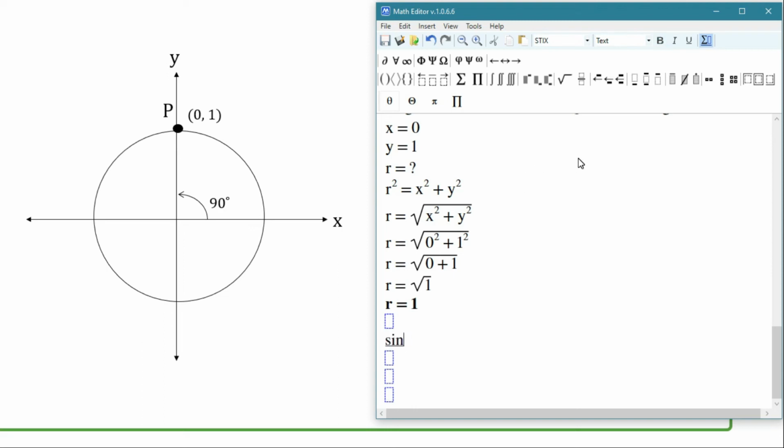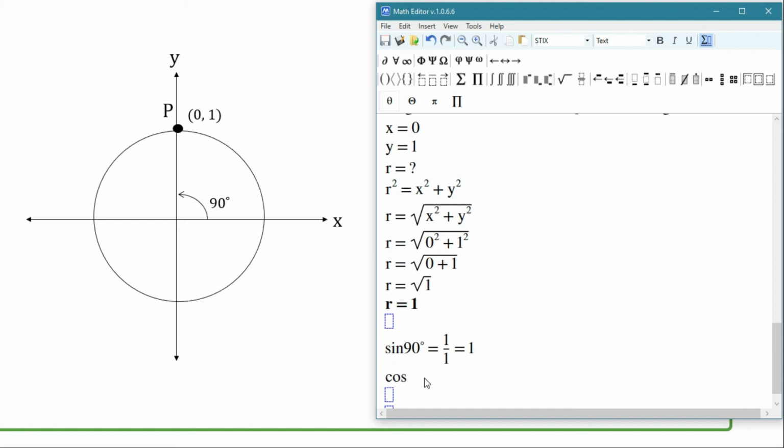The sine function of any angle is equivalent to ordinate over hypotenuse. Our ordinate is 1 and our hypotenuse is 1. So sine 90 would be equivalent to 1 over 1, or simply 1.